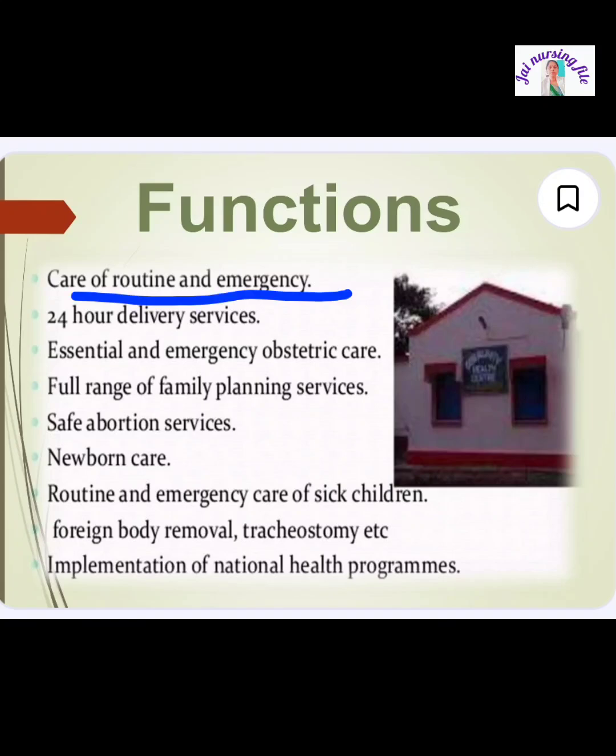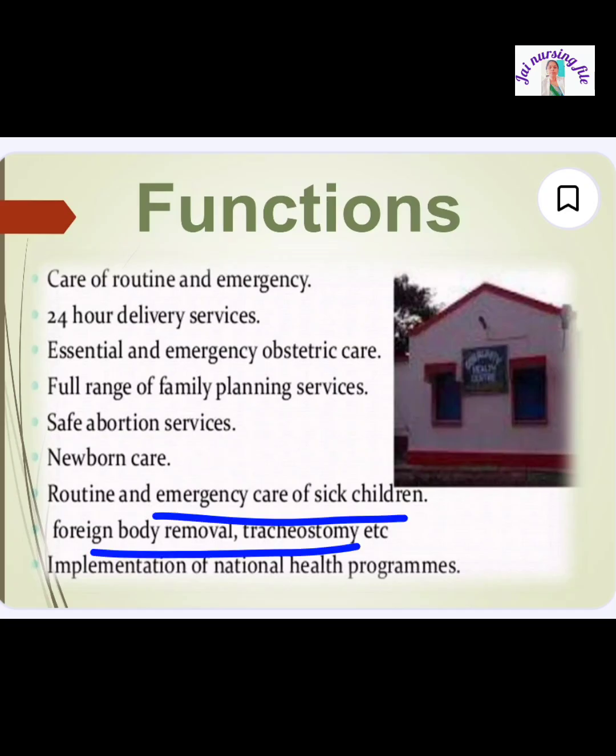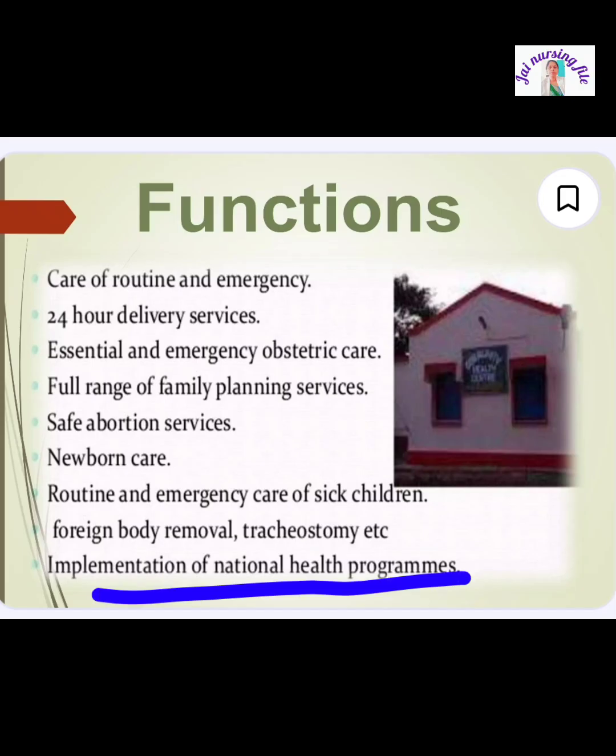So the care of routine and emergency 24 hours delivery services, essential emergency obstetric care, and then full range of family planning services, safe abortion services, and then newborn care, routine and emergency care of sick children, removal of the foreign bodies and all, and then tracheostomy, implementation of national health programs.